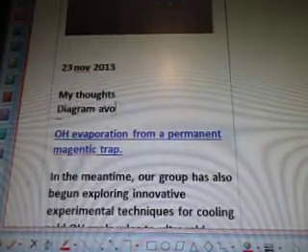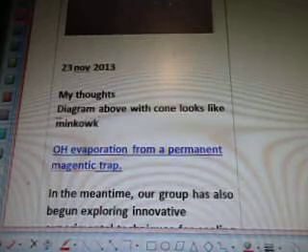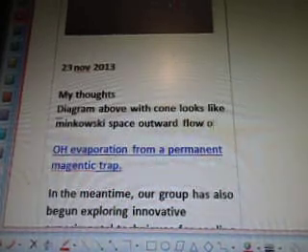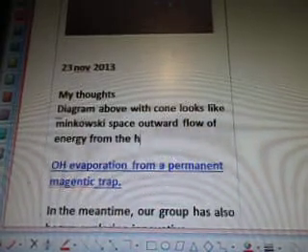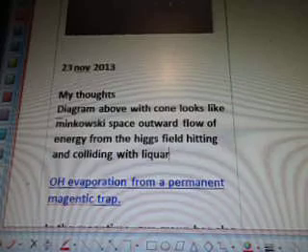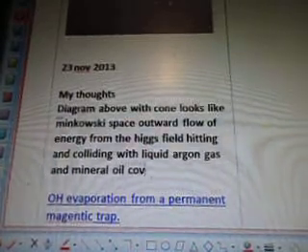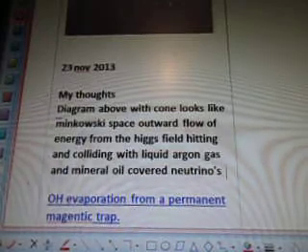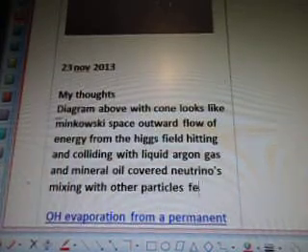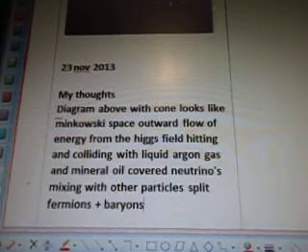Diagram above with cone looks like Minkowski space, and then it's got an outward flow of energy from the Higgs field hitting and colliding with liquid argon gas and mineral oil covered neutrinos mixing with other particles like fermions, split fermions plus baryons and bosons.